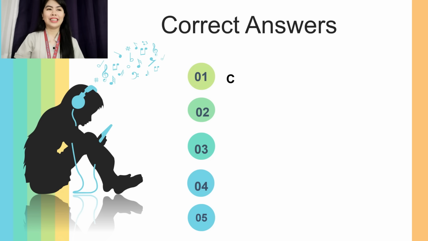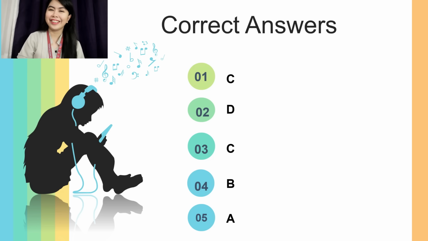And number 2 is D. Number 3 is C. Number 4, B. And number 5 is A. Did you get a perfect score? Wow, very good. The test is quite easy, right?